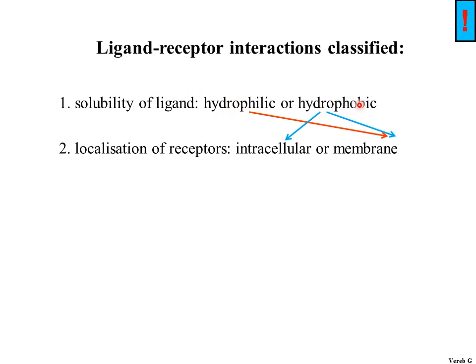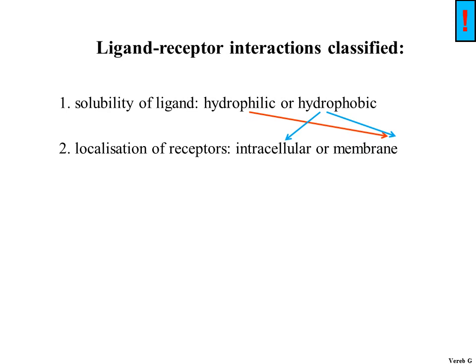For a hydrophobic ligand, it's easy to pass through the membrane of the target cell, which implies that it can have intracellular receptors, because the ligand can go through the membrane and bind to the receptor inside the cell, but it can also have a receptor in the cell membrane. That is a rather rare case, but it can happen.